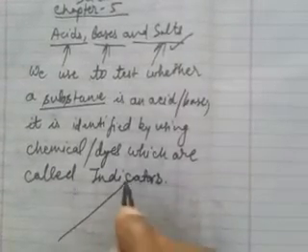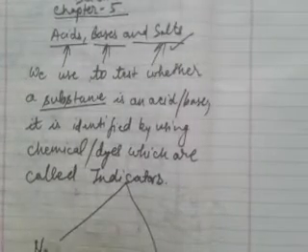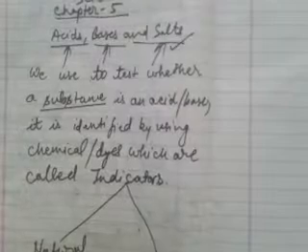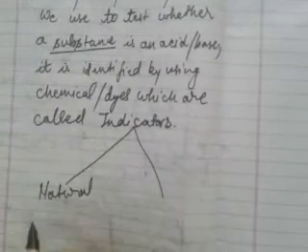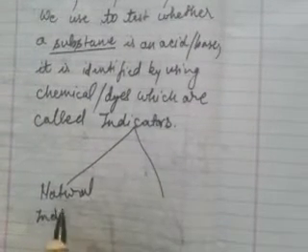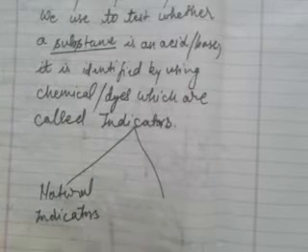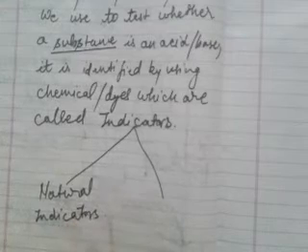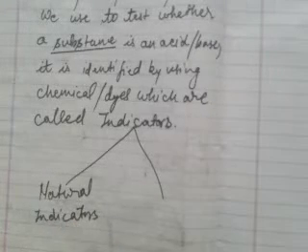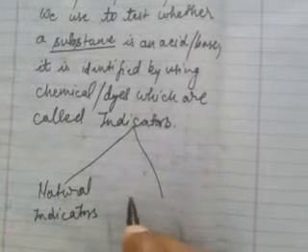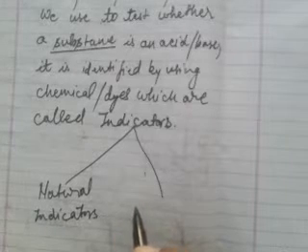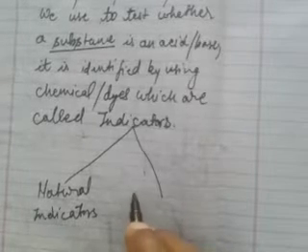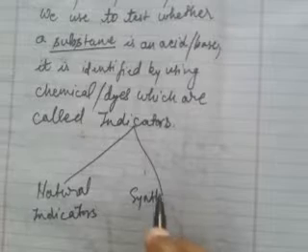Some indicators are natural indicators. Natural indicators means they exist in nature and we obtain them from nature, and some are man-made indicators, or we can say synthetic indicators.